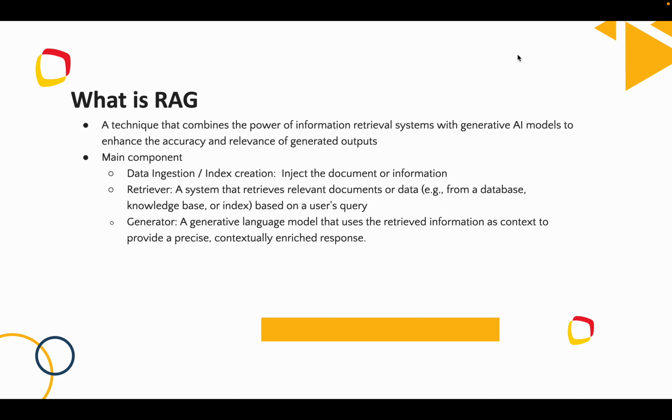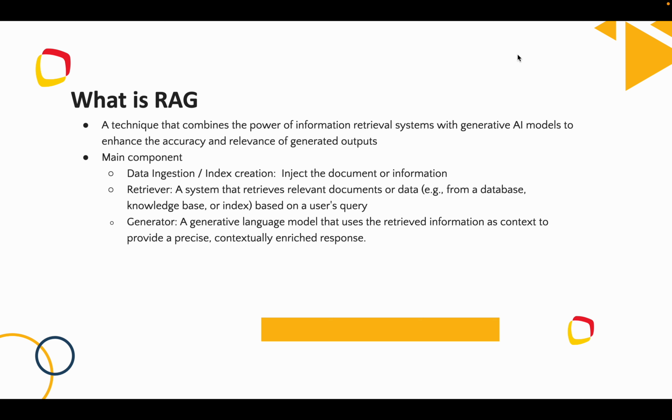If a user is asking something related to leave policy, we need to pick the document related to the leave policy. If I ask about something finance related, it has to pick the document that corresponds to the finance document, right? So that is the purpose of the retriever. The retriever will retrieve the document that is relevant to the query.